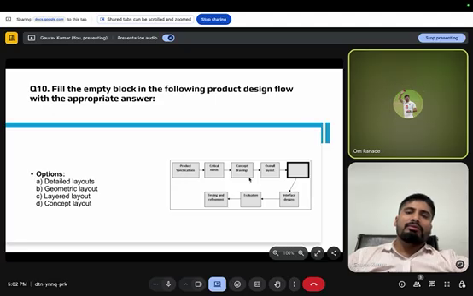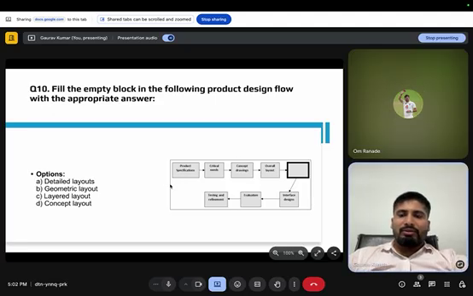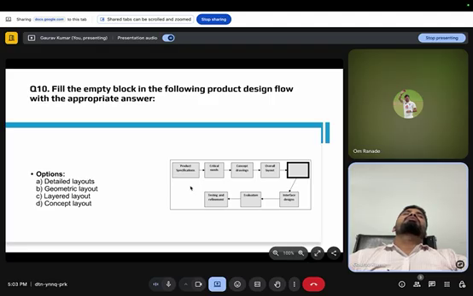Geometric layout. No, geometric layout is not the right answer. That is not correct. The answer is something else. Give one more try.